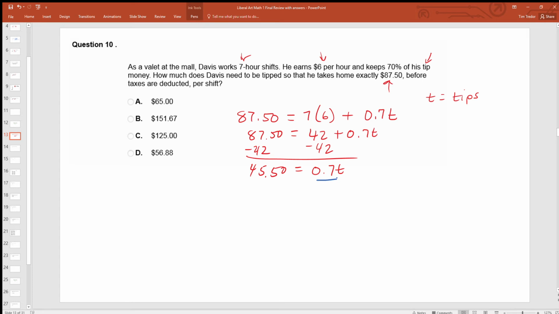And then we divide by 0.7 on both sides, which is going to equal 65.